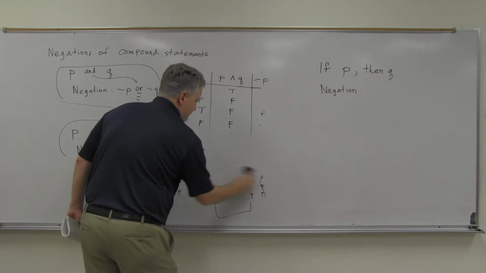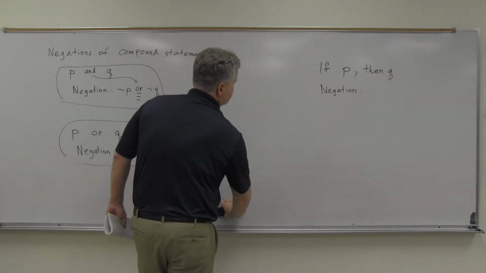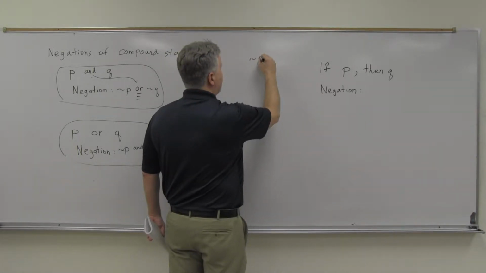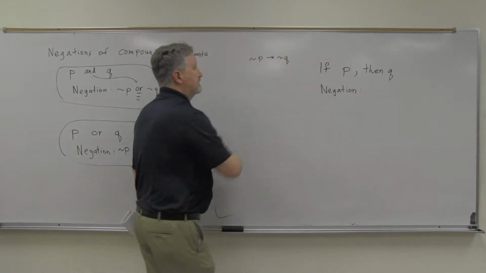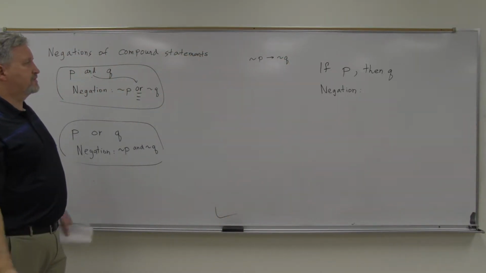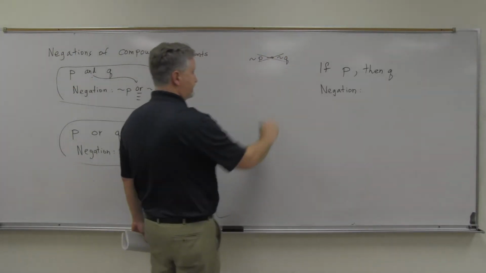Let's just look at it here. You're probably thinking, well, let's negate them, right? Do not P, arrow, not Q. Well, if we check the truth table there, it doesn't work. That's not the negation.